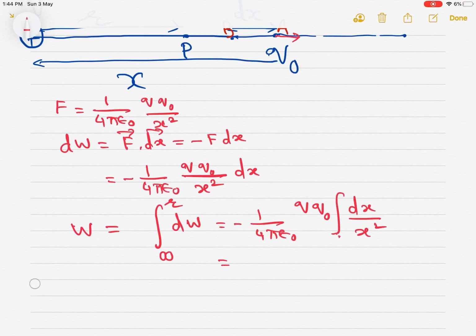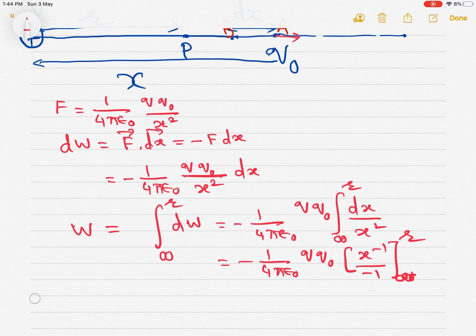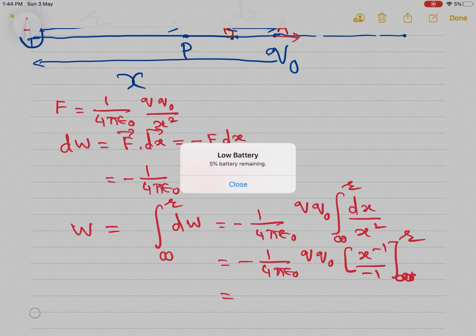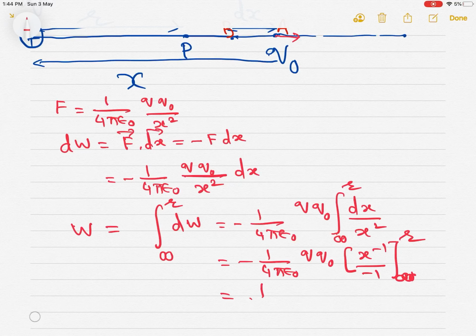So, if we integrate it from infinity to r, 1 upon 4 pi epsilon naught Q Q naught, and it will be x to the power minus 1 upon minus 1, from infinity to r. So, it will be positive 1 upon 4 pi epsilon naught Q Q naught upon r.